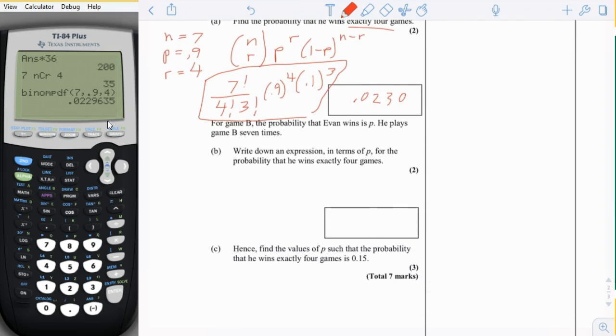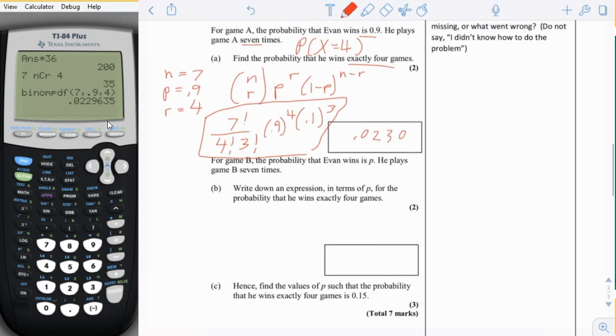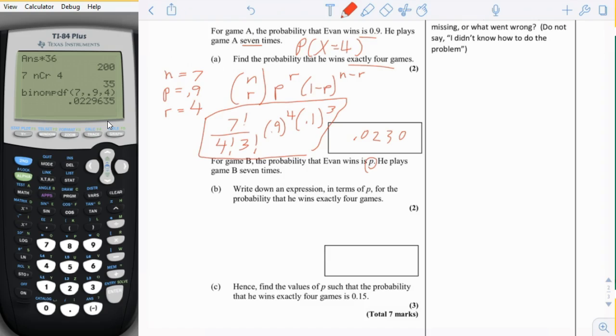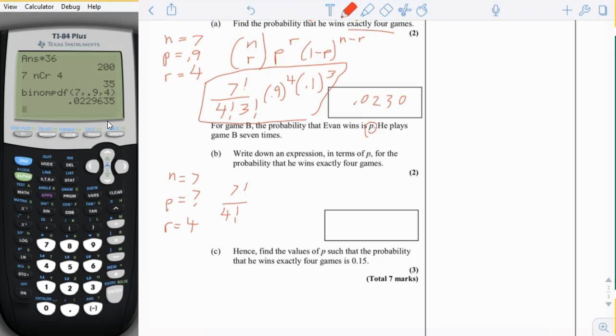Okay, for game B, the probability that Evan wins is P. He plays the game 7 times. Okay. So, once again, he's playing 7 times, but this is game B, and we don't know the probability. So, it says write down the expression in terms of P, the probability he wins exactly 4 games. So, we're going to do kind of the same thing again. N equals 7, P equals we don't know, and R is equal to 4 again. So, we're going to put 7 factorial over 4 factorial, 3 factorial, just like we did above.